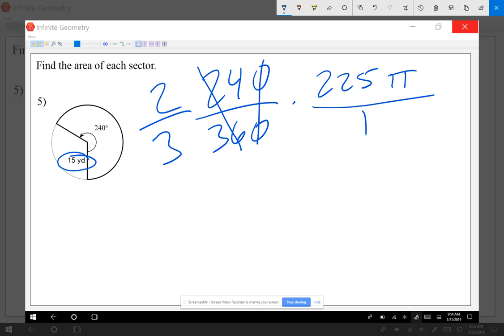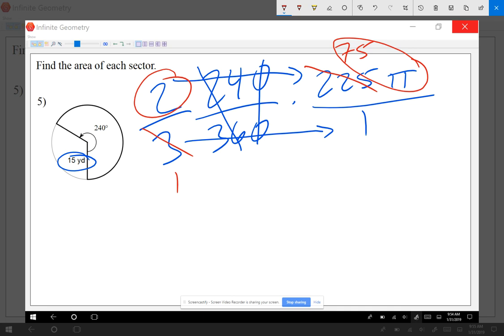2 over 3. I know I multiply straight, so that means I can simplify diagonal. The 3 and the 225, I can simplify that way. Let me divide each by 3. 225 divided by 3 gives me 75. Now on the top, I have 2 times 75 pi, which is 150 pi.